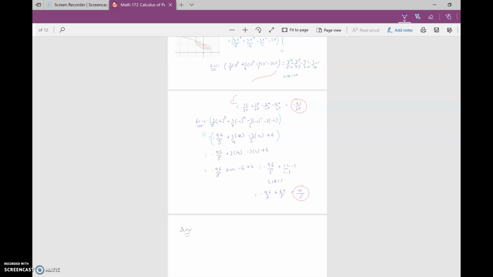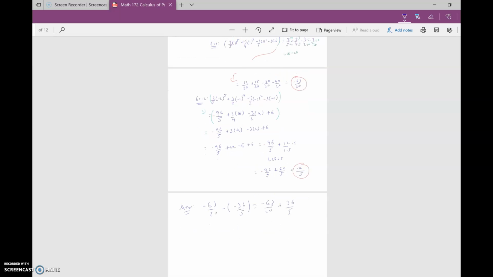Okay, so the final answer is negative 63/20 minus negative 36 fifths, which is negative 63/20 plus 36 fifths.